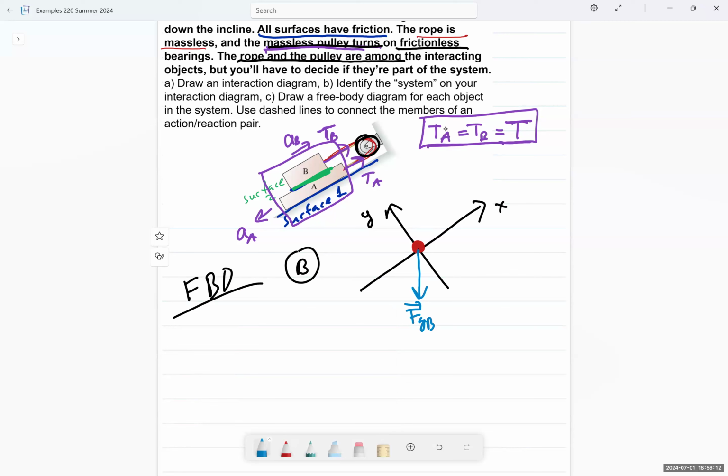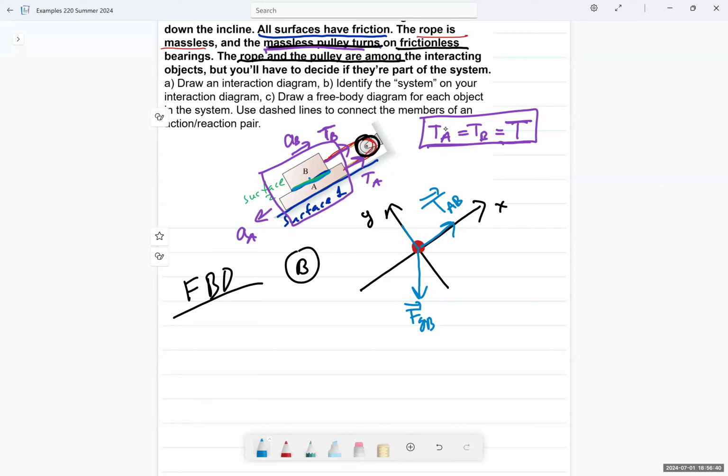Another very obvious one is the tension. In this case, you can say it is tension, A acting on B, because it's A that is pulling by that rope. Well, B is sitting on top of A, so there is a surface here, which gives us two forces, normal force and friction.